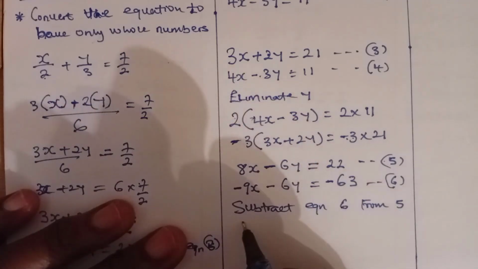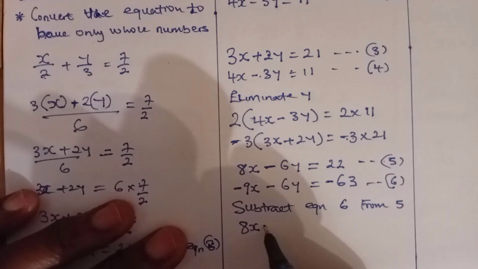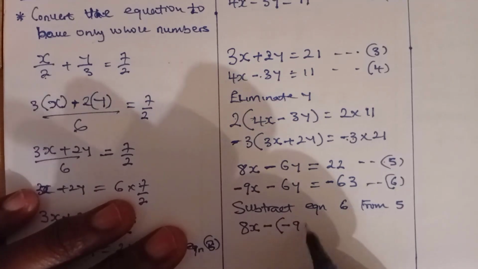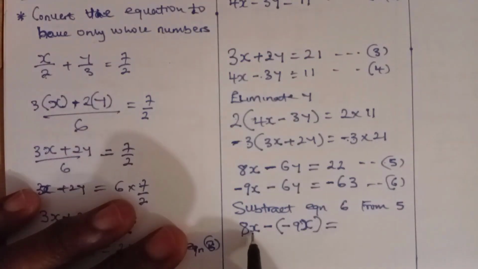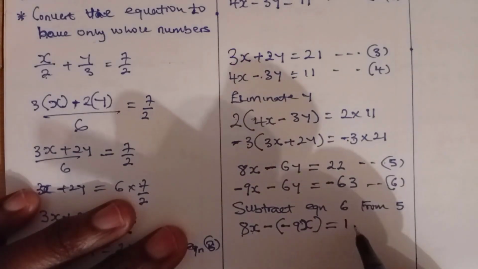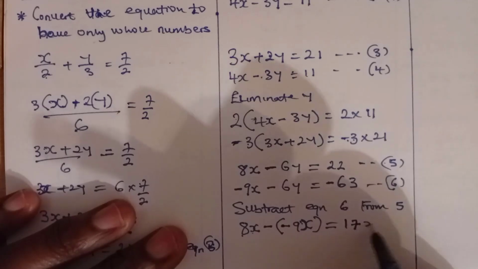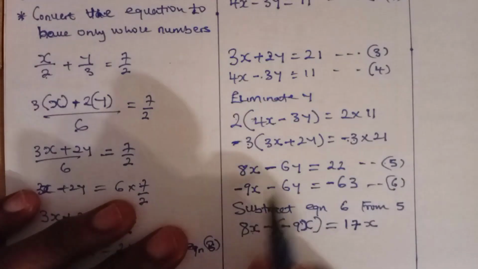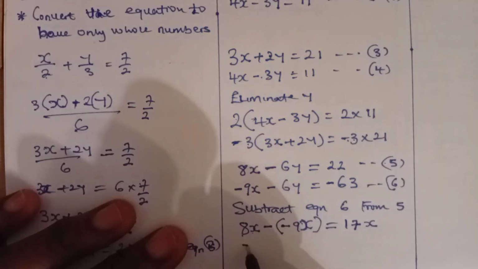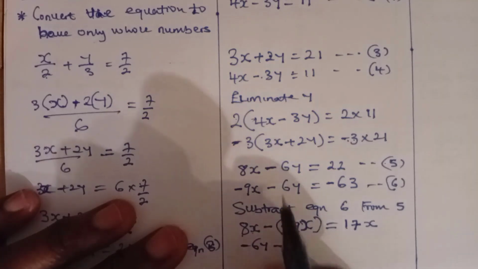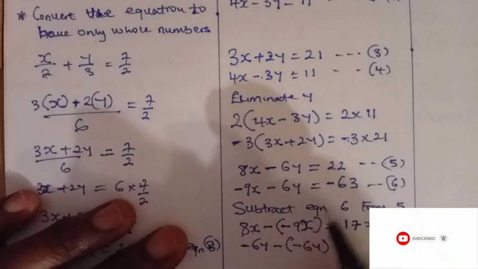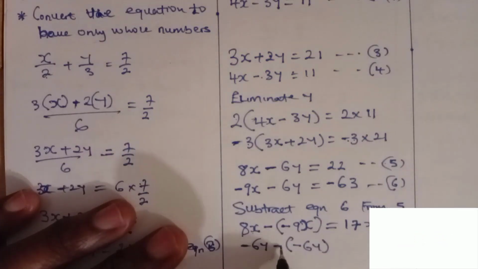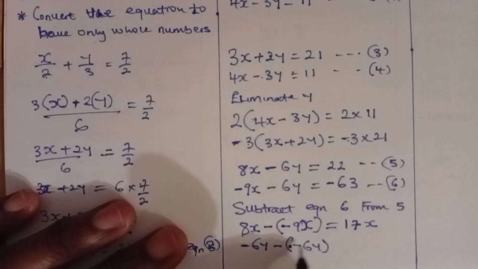So we have 5, which is 8x minus 9x, right? So this is 8x minus, which is going to give us plus. So 8x plus 9x is going to give us what? 17x, right? So we have minus 6y minus 6y. So we have minus 6y minus, which is going to give us plus 6y.